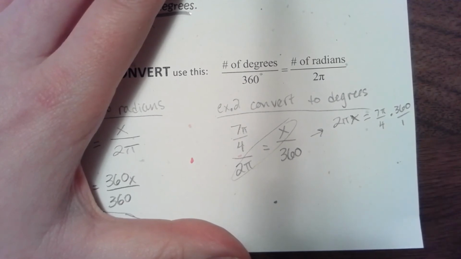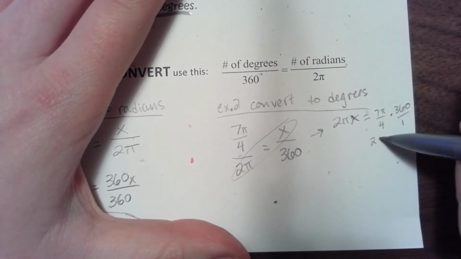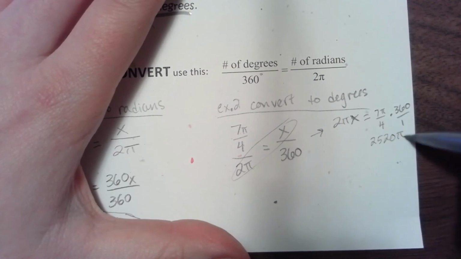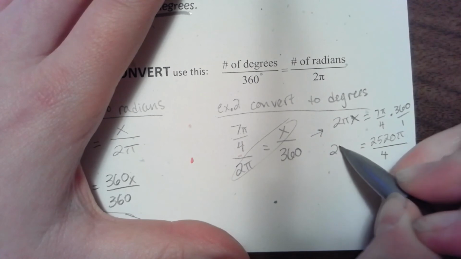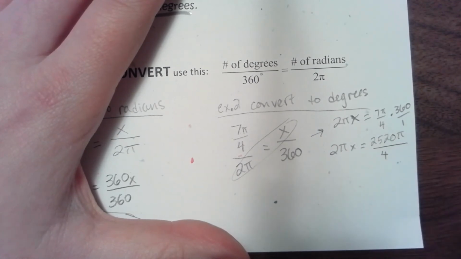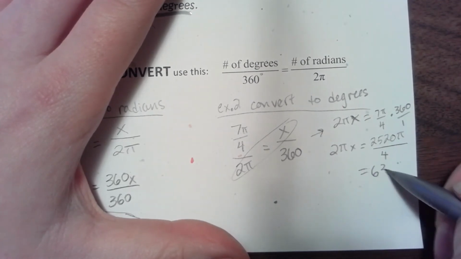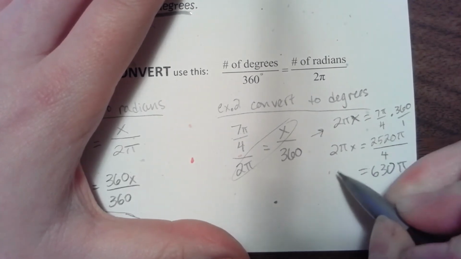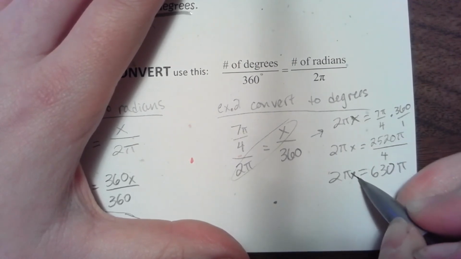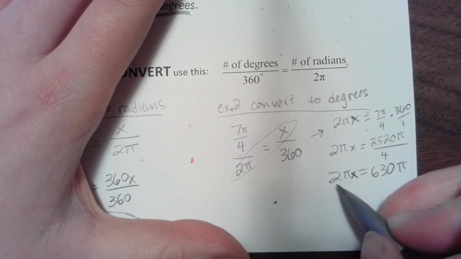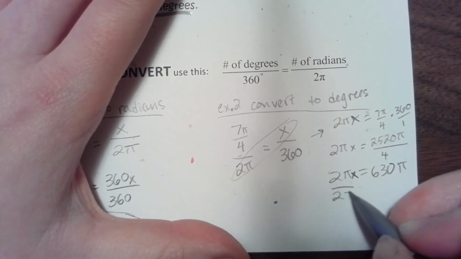And 360 times 7 is 2,520. Again, leave pi as pi, all divided by 4, and that's still going to be equal to my 2 pi times x. So now I can reduce 2,520 divided by 4 to simply 630. Keep pi as pi. We still have 2 pi times x. We want to isolate this variable x, so in order to undo multiplication, we're going to divide by 2 pi on both sides.